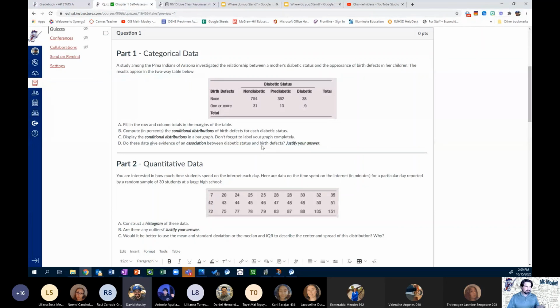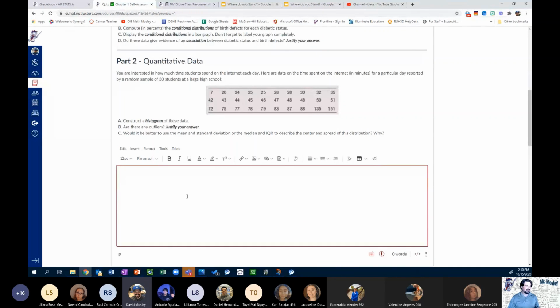I think it just might be easier to write out your responses and do your work on paper, and then take a picture of it and upload that picture into your text entry. I think you can upload an image if you're using the text editor.